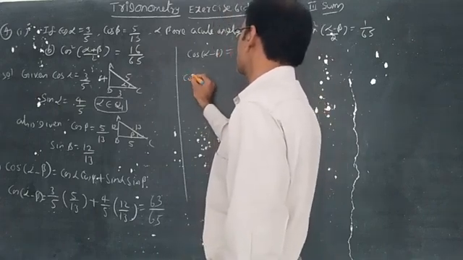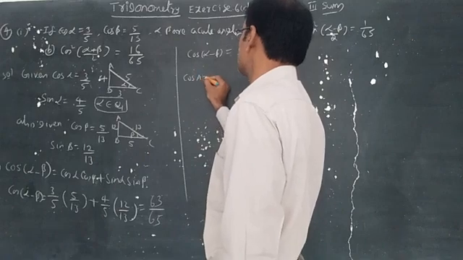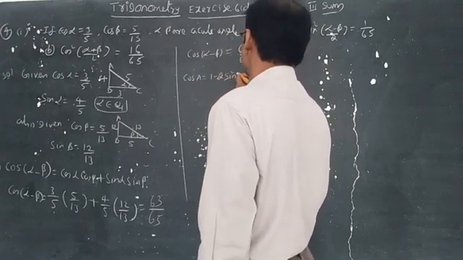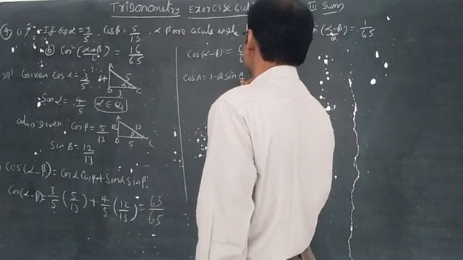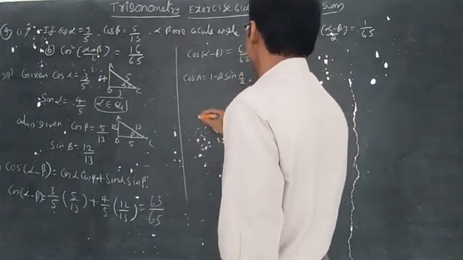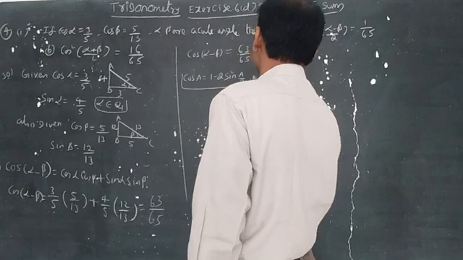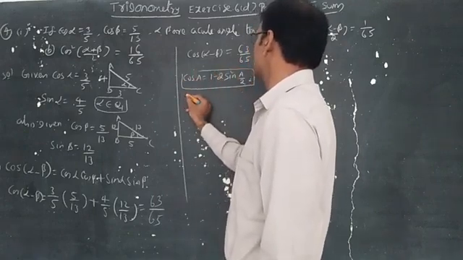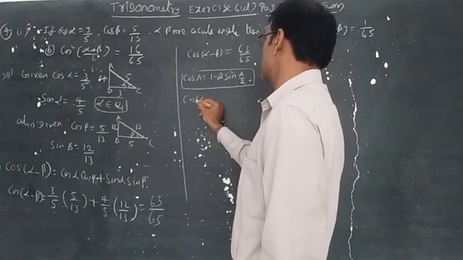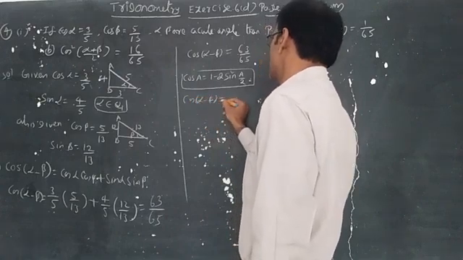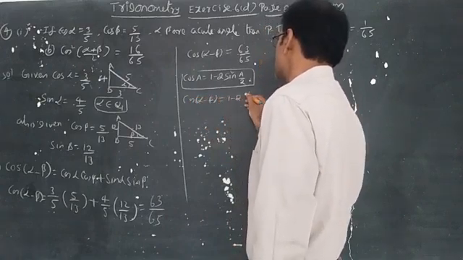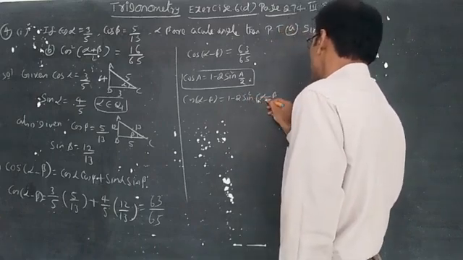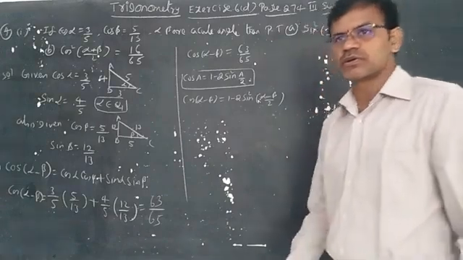Let us remember the formula: cos A is equal to 1 minus 2 sin square A by 2. That means cos of (alpha minus beta) we can write as 1 minus 2 sin square of (alpha minus beta) by 2.